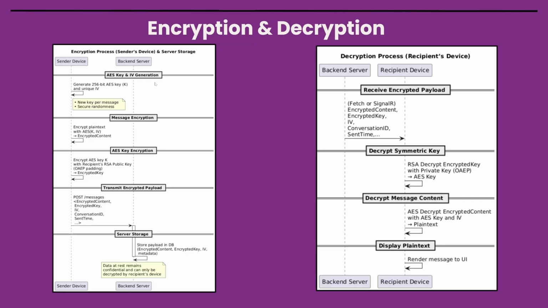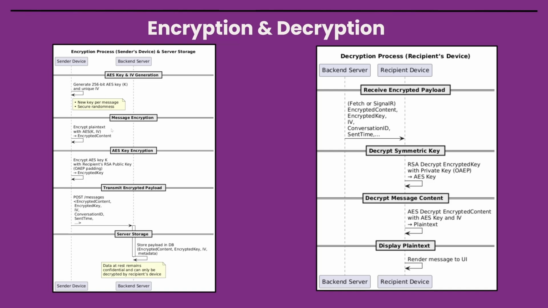So now after logging in, the user has the recipient's public key. Whenever they are sending a new message, we generate a new AES key, K, and the initialization vector, IV.